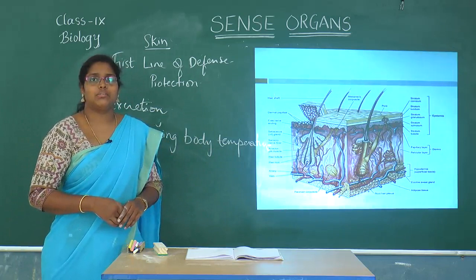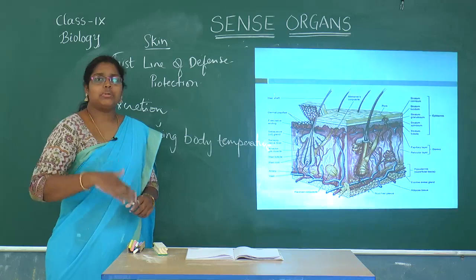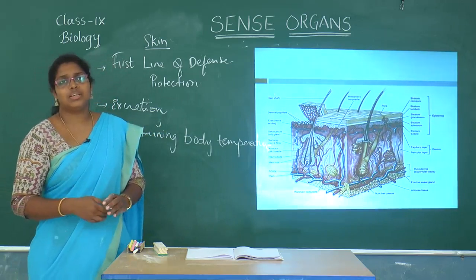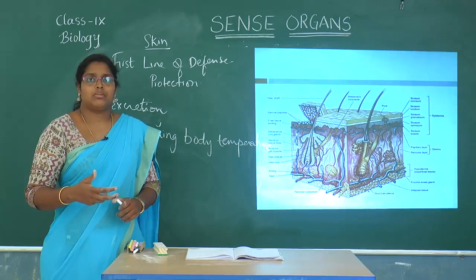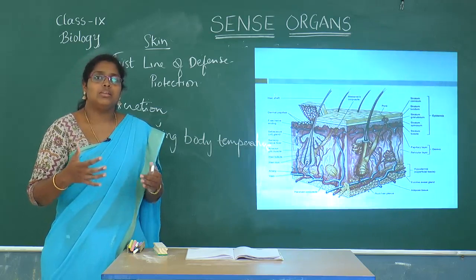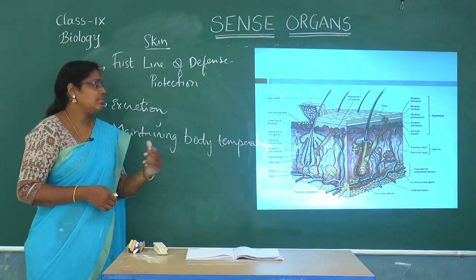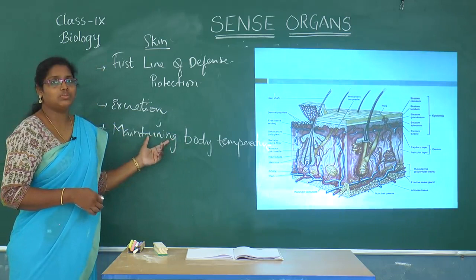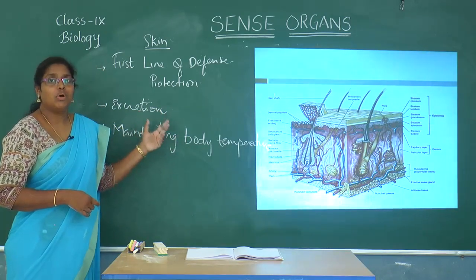If outside it is very hot, we normally sweat a lot so that the body temperature will be cooled, and if outside it is very cold, freezing temperatures, then the body will be producing heat and the heat will be preserved in the body to maintain the body temperature. This is very critical for warm blooded living organisms.